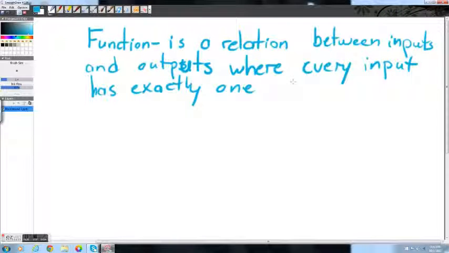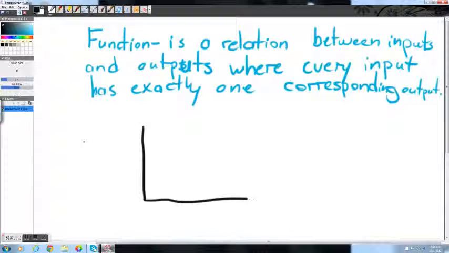So one way to think about a function is that a function is kind of like a machine.